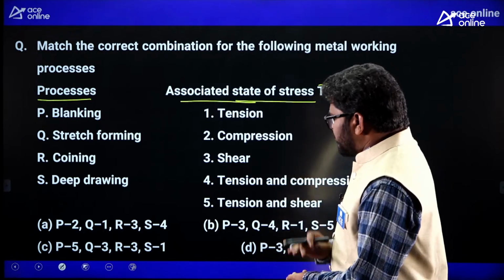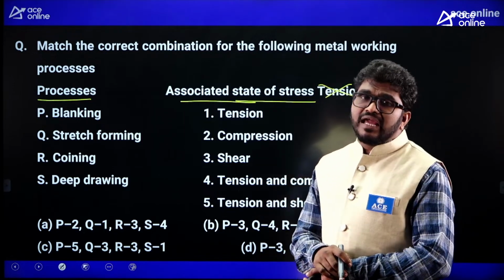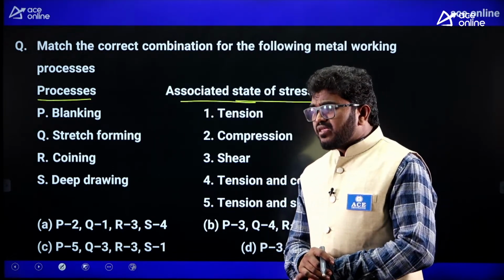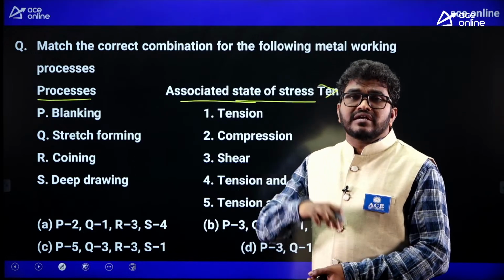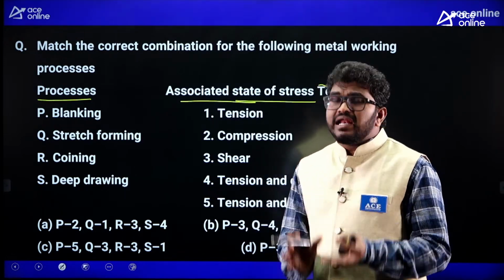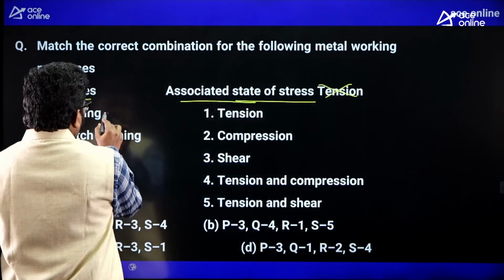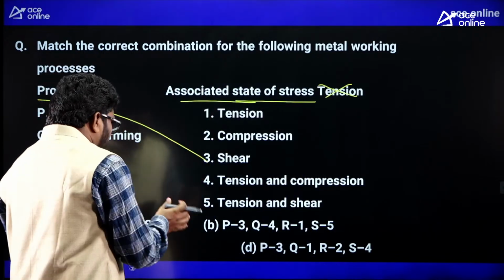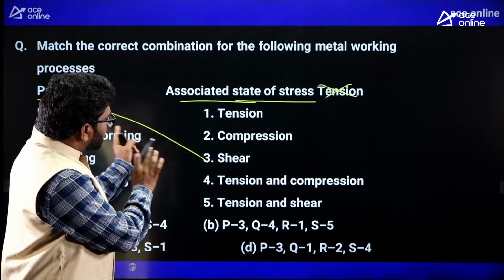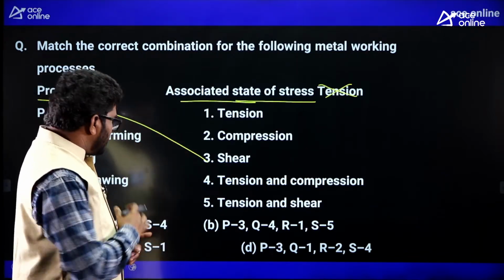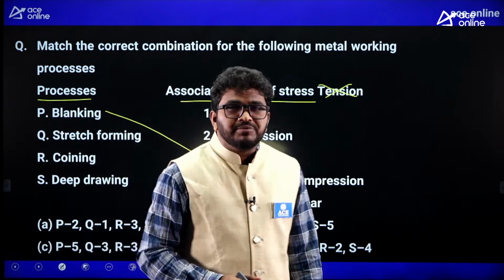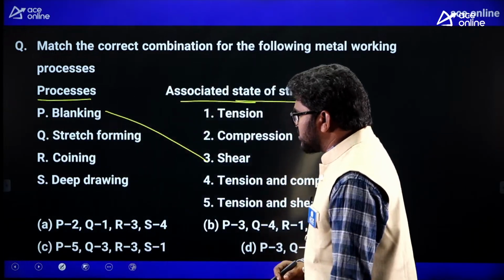First of all, blanking is a shear cut operation. We are cutting the sheet metal to make a blank. So blanking, P is 3, shear. If you know blanking is shear, first eliminate the options. That is the best way to solve the question.